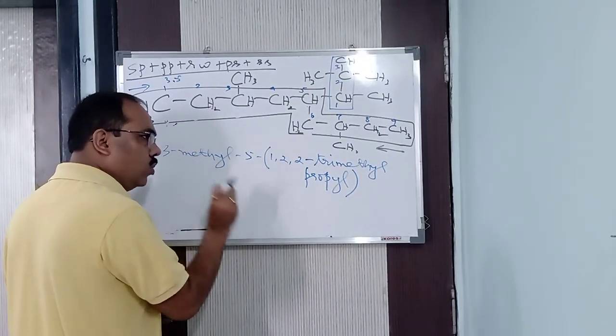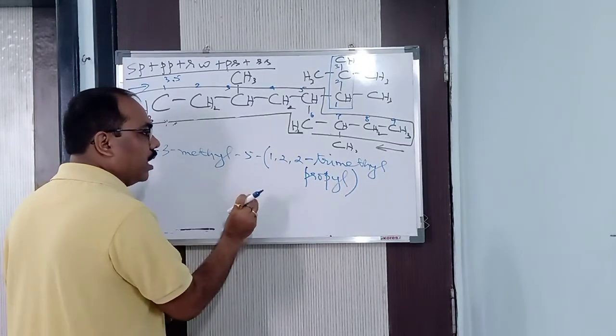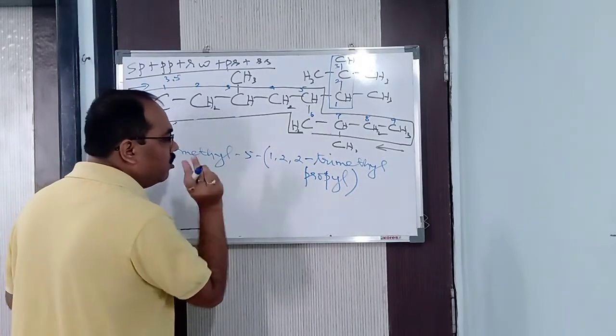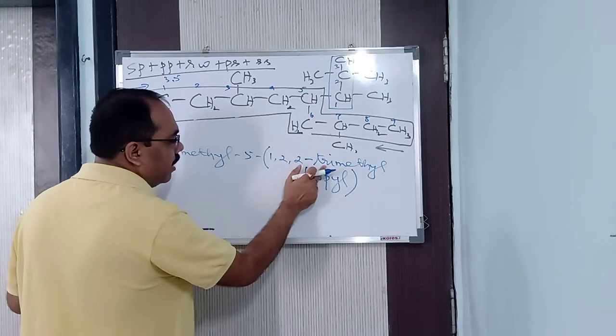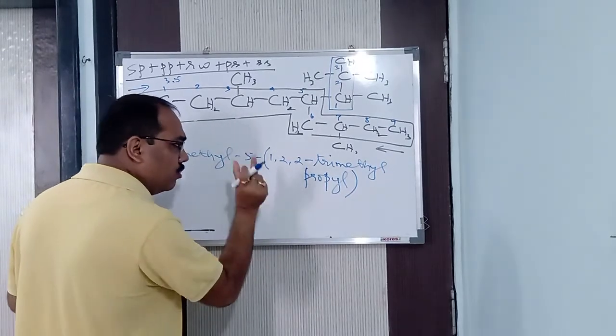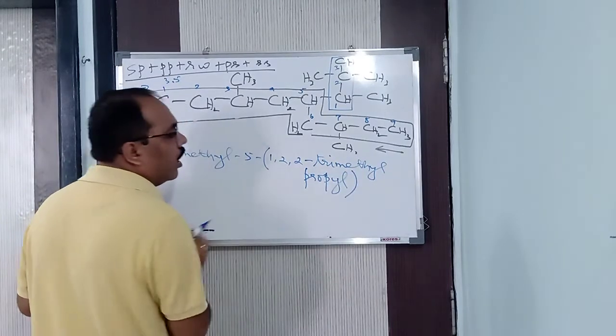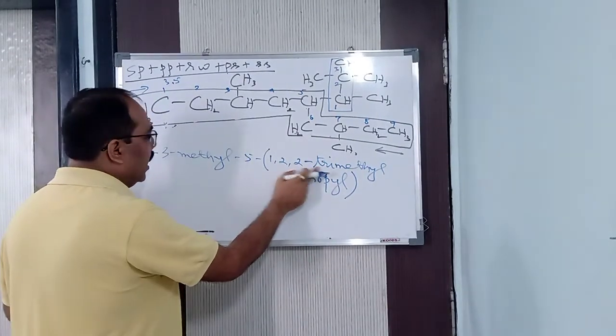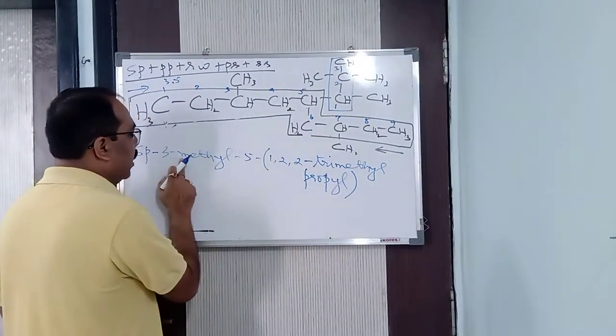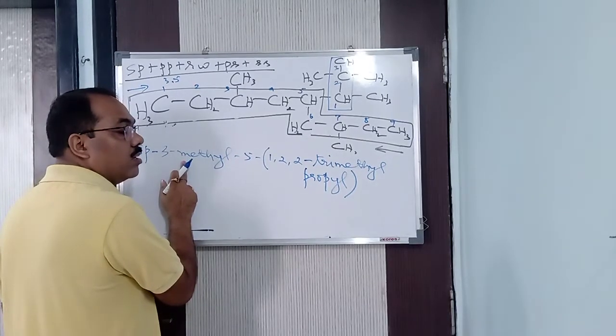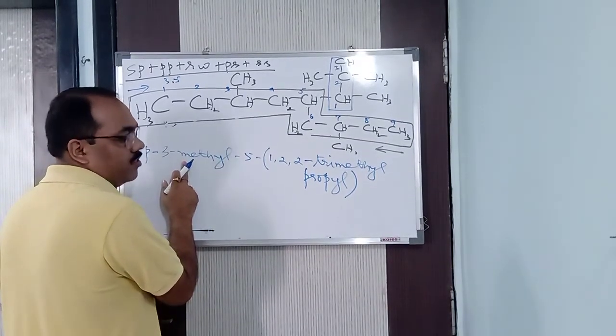Again, I repeat, they tell you the numerical prefixes. That methyl comes how many times? 3 times. That denotes the numerical prefix. But here, this is one word, trimethyl. So, T and M, which comes first in the alphabetical order? M, definitely. So hence, I write this particular first.